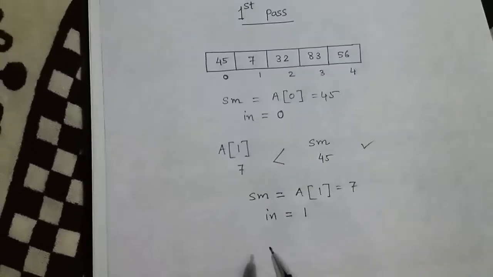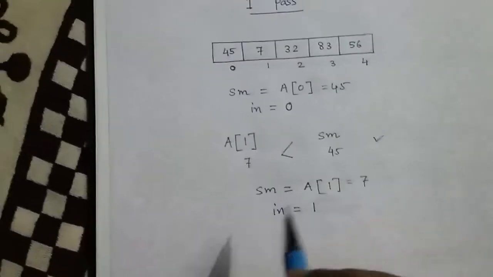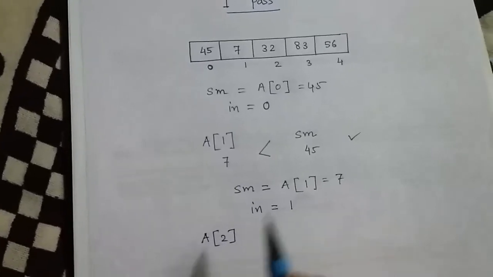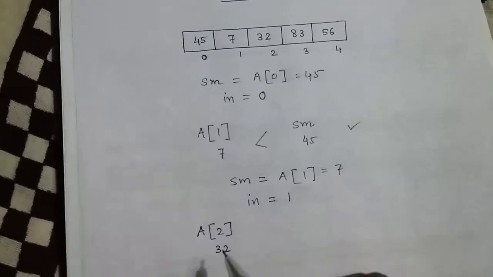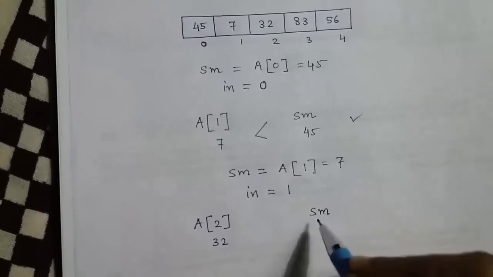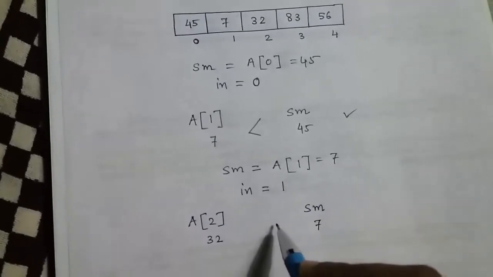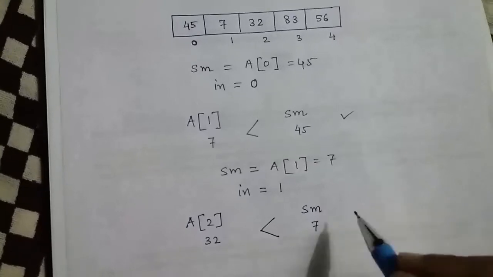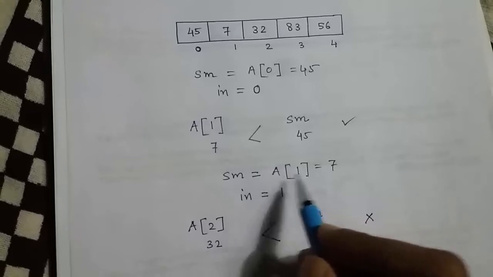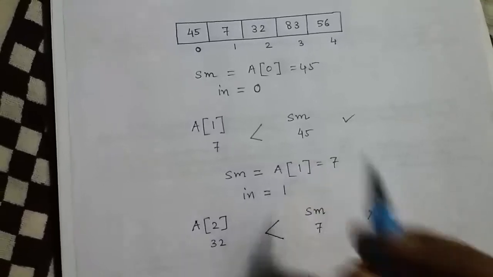Okay, so next element will come, that is a of 2. a of 2 means 32, and our new sm is 7. So is 32 less than 7? No. That's why the value of sm will remain unchanged.